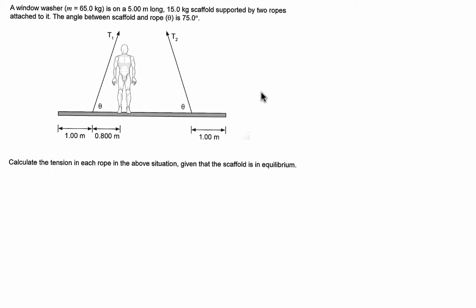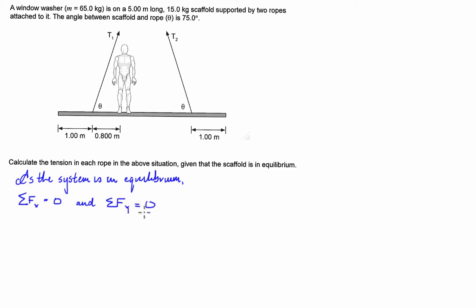Whenever we say this scaffold is in equilibrium, what I usually do in any question like this, if we're in a test, is say: as the system is in equilibrium, the sum of the forces in the x direction is equal to 0, and the sum of the forces in the y direction is also equal to 0.